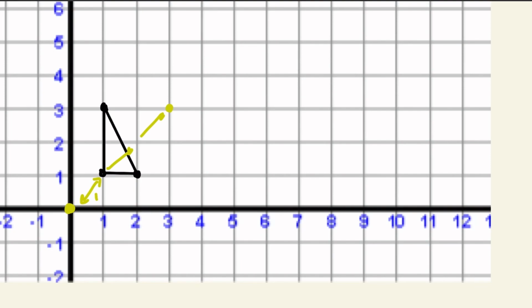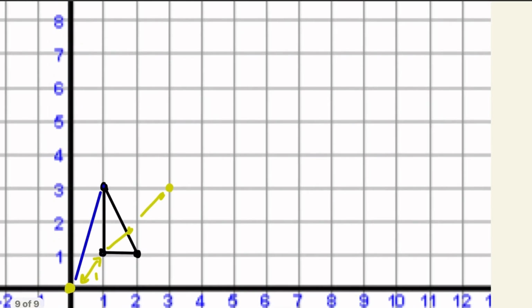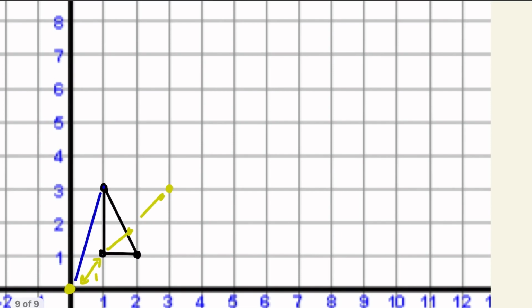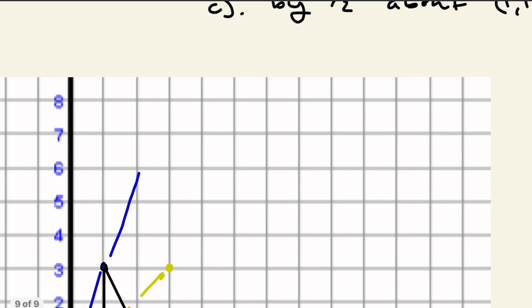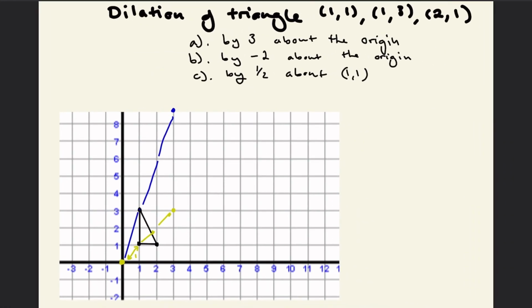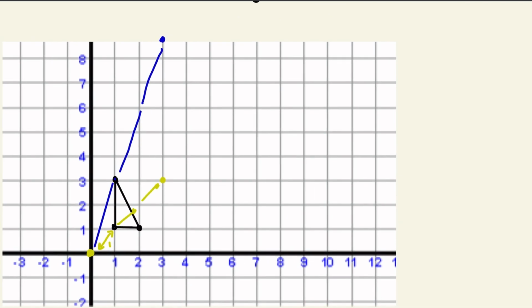On the other hand, if we take, for example, this point, we have this distance right here. And we have to triple this distance. So we have 1, we have 2, and we have 3. Getting off the grid a bit, a big dilation.